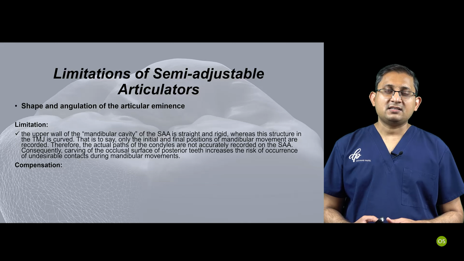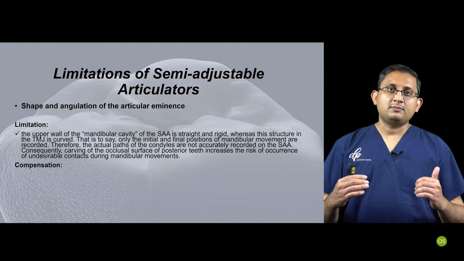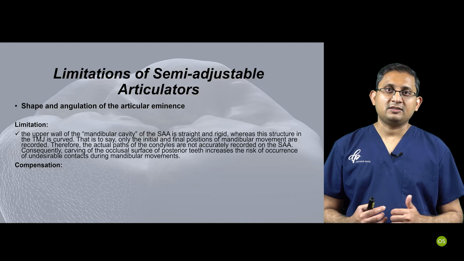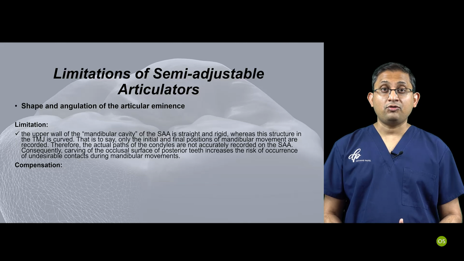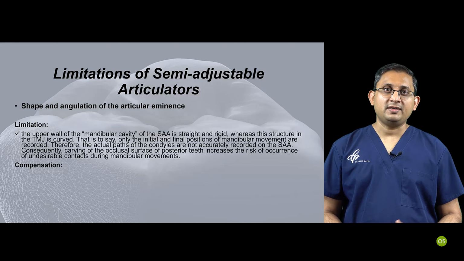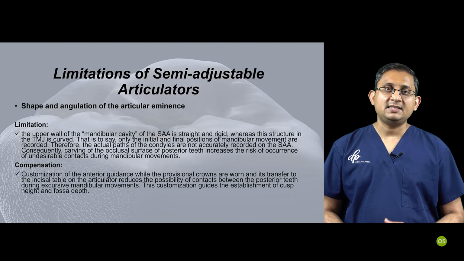And because of that, if you build posterior cusps, as we discussed before, very steep, and the angle is wrong, then you may start incorporating a lot of interferences. So how would we mitigate that limitation?